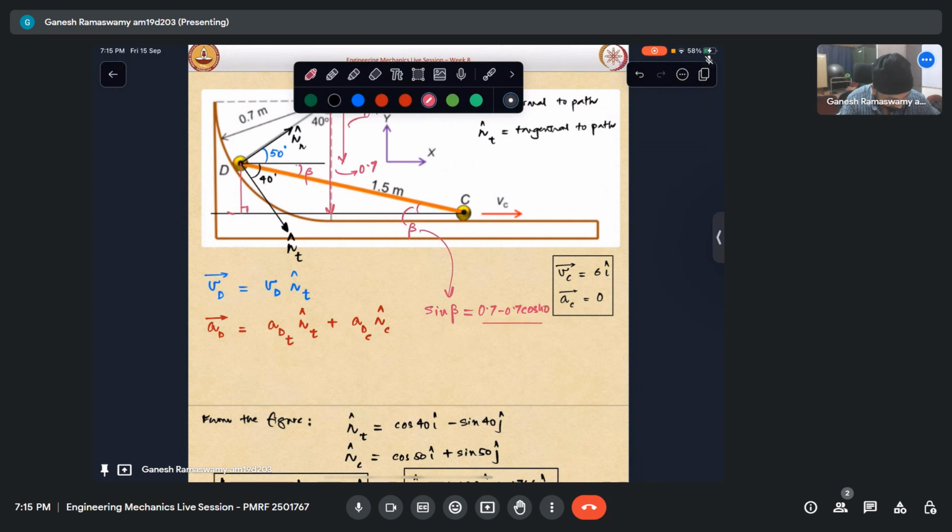So therefore beta in here is 6.268 degrees. So we know from the problem that this is 6.268.